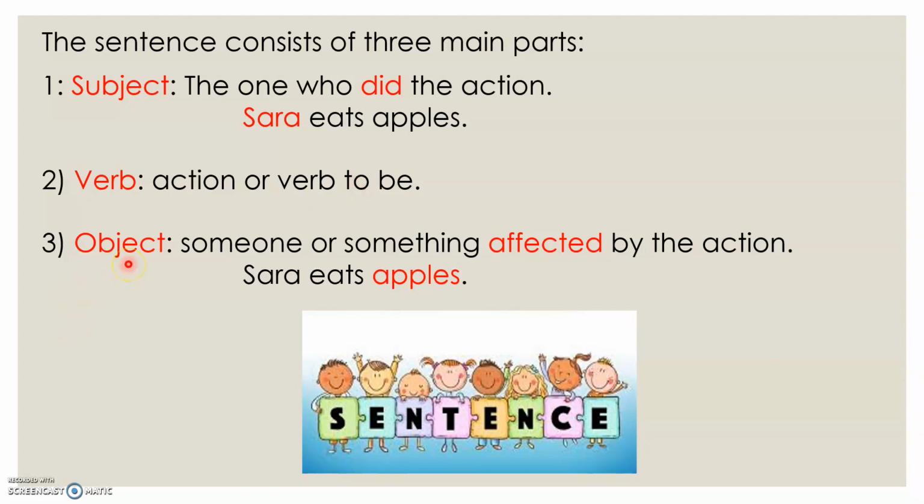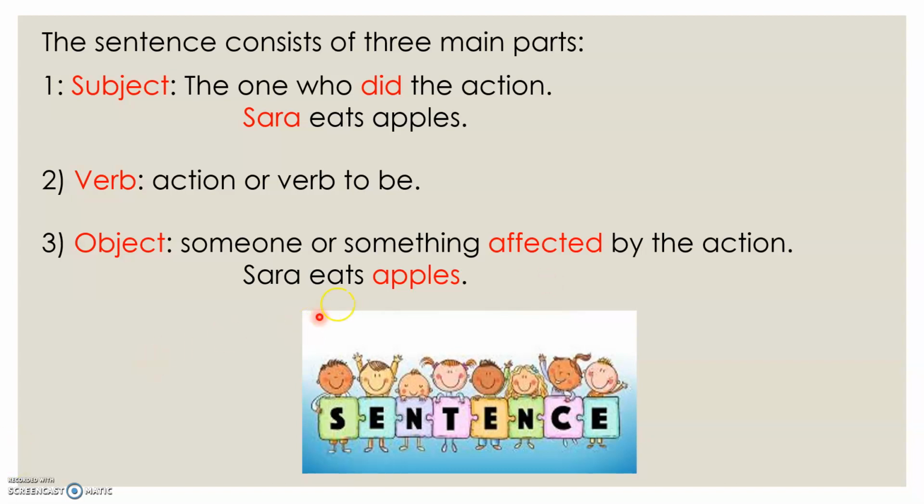The object of the sentence is someone or something affected by the action. In Arabic, it is the one the action fell upon, the one the verb fell upon. So we're talking about a person or something that was affected by the action.